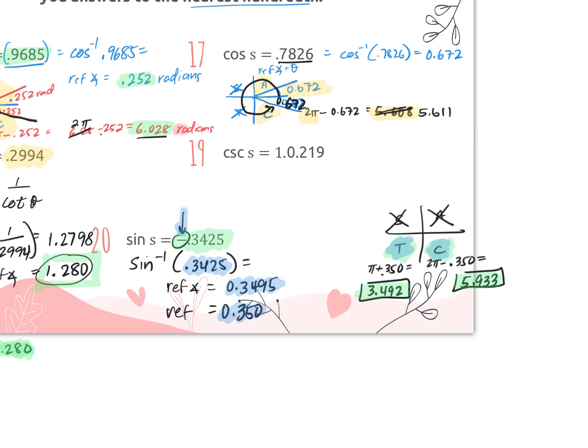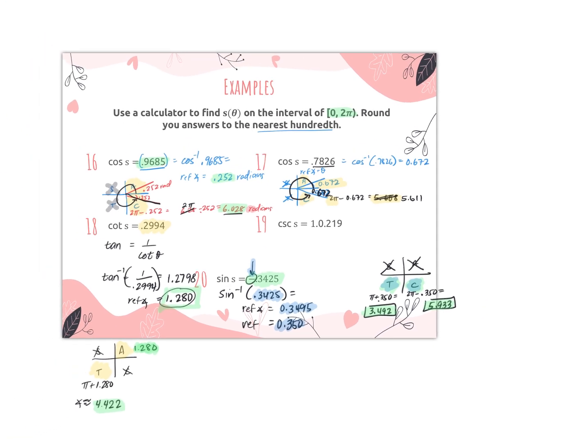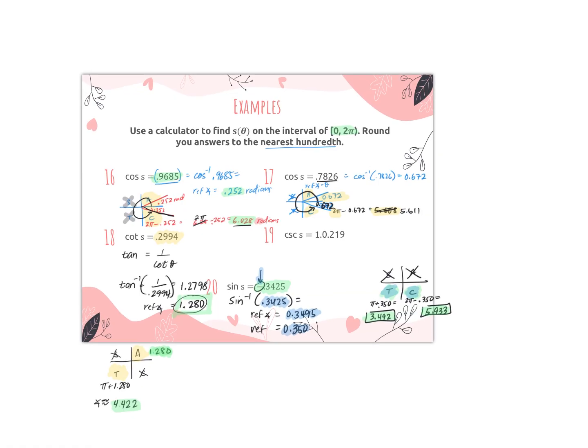Since I'm in quadrants 3 and 4, for 3 I do pi plus that reference angle, and in 4 I do 2 pi minus the reference angle. And for us, I would use pi in the calculator and not limit it to 6.28 for 2 pi or 3.14.